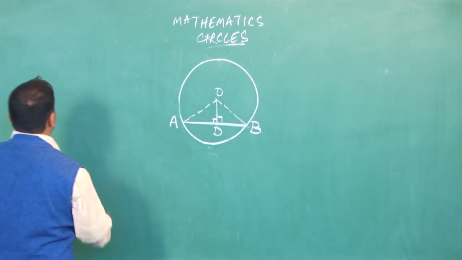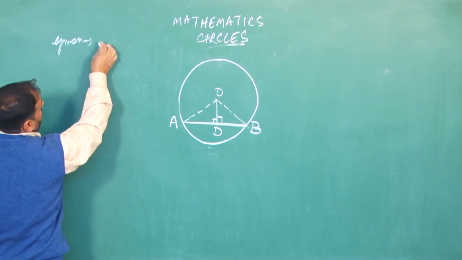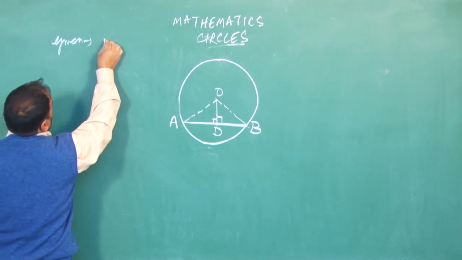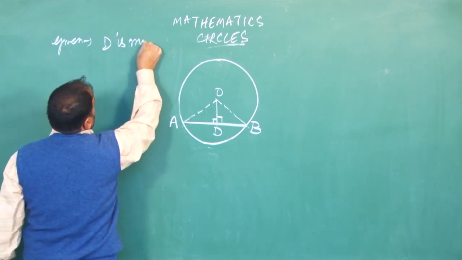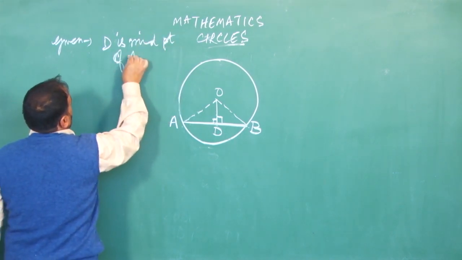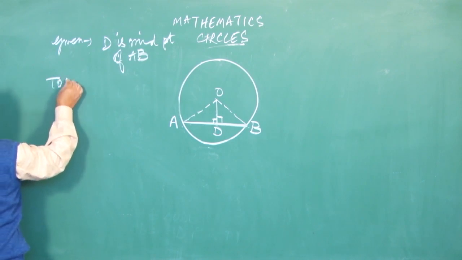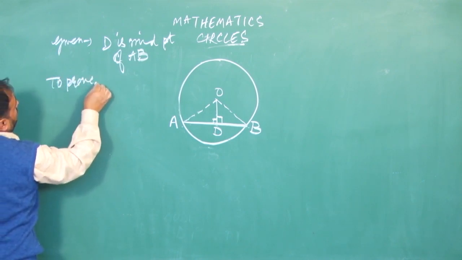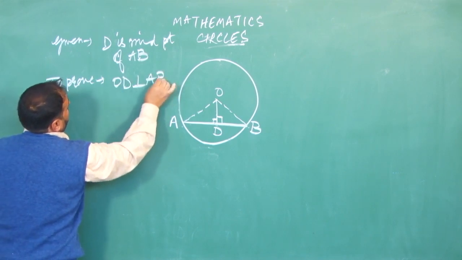For this, we can write, we are given chord AB, or we can write straight away D is midpoint of AB. And O is joined to that, and we need to prove that OD is perpendicular to AB.